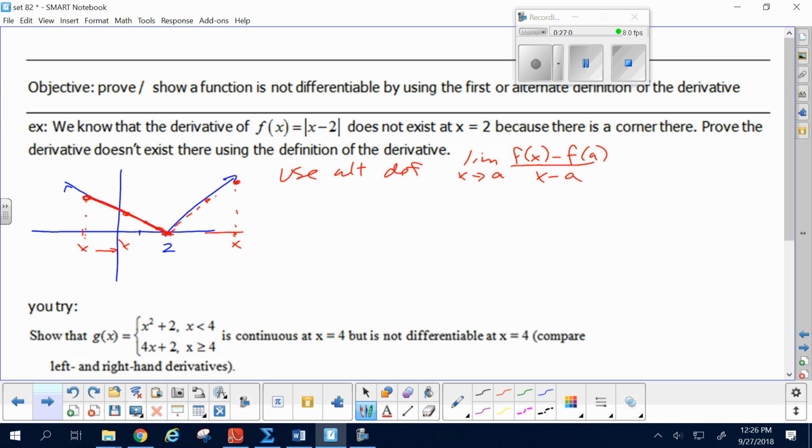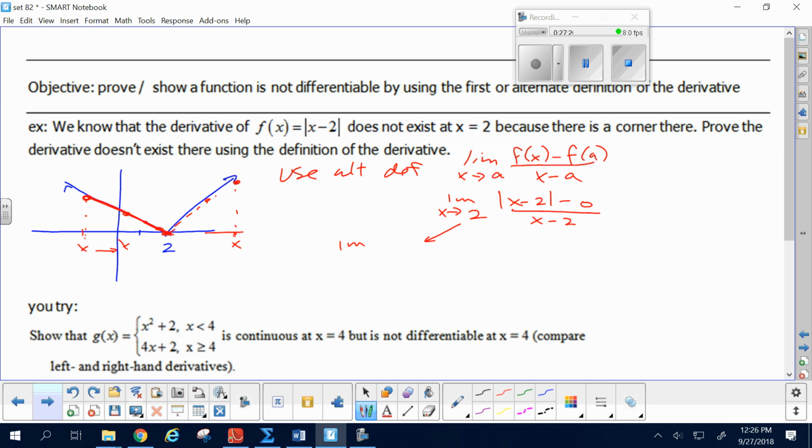All right. Now, in this case, that's the limit as x goes to 2 of f of x, being the absolute value of x minus 2, minus f at a, which is 0, over x minus 2. That's actually a limit we've done a lot of times here.